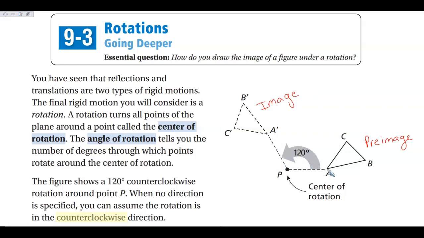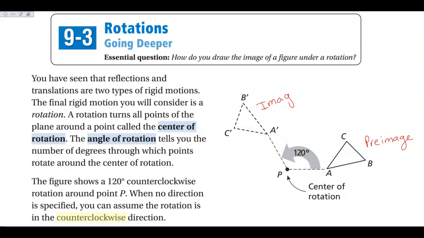That means if I draw the angle between A, P, and A prime, this is going to be a 120 degree angle. If I were to draw the angle between B, P, and B prime, that would also be a 120 degree angle.